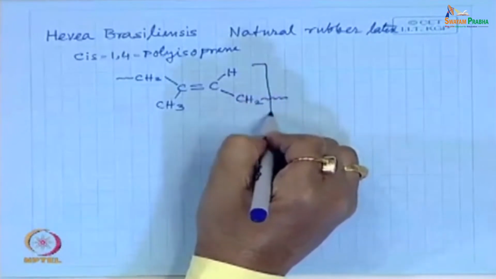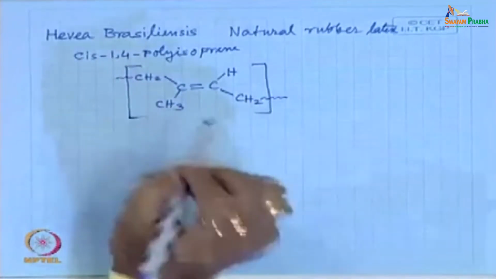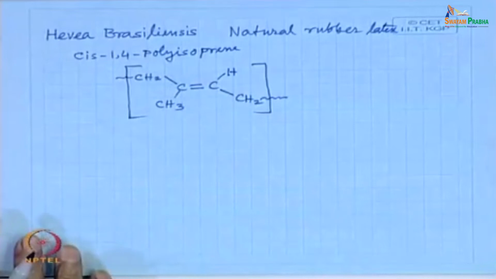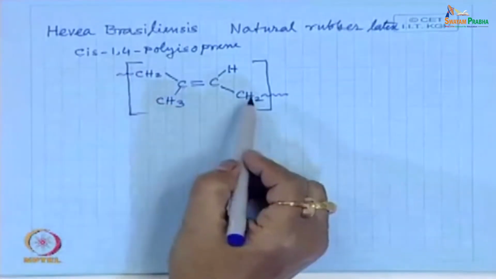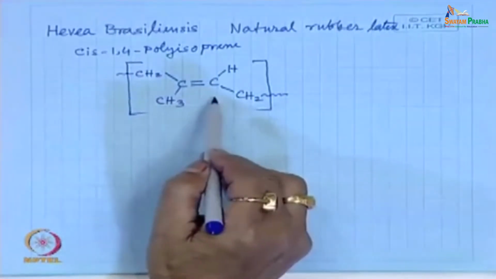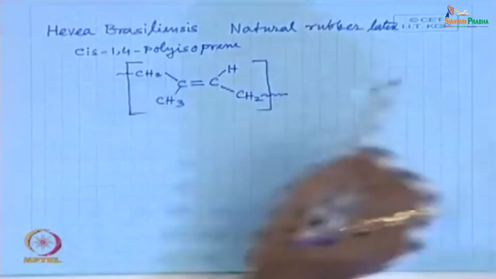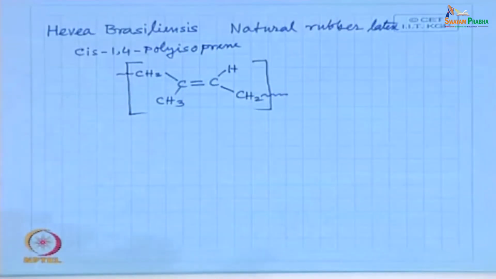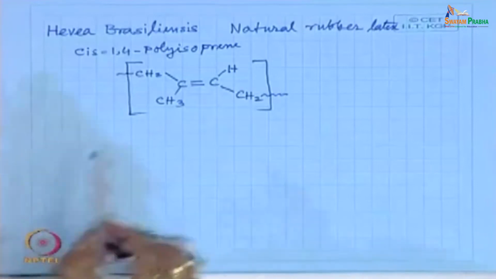This is one unit of cis 1,4 isoprene unit repeated in sequences. That is why it is called cis 1,4 polyisoprene.